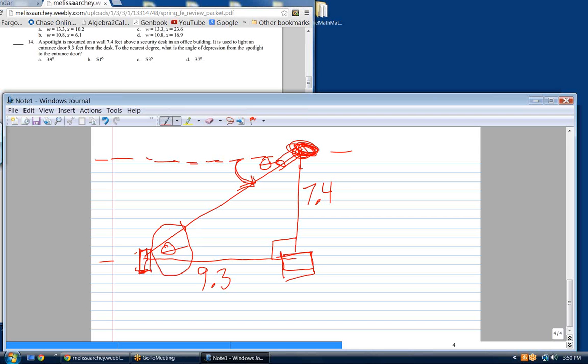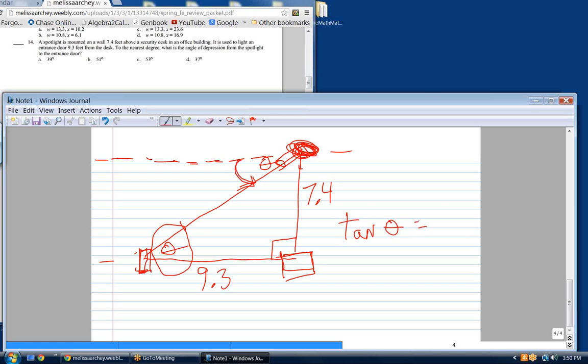How do we solve for that angle I just circled? I'm not sure. Start with a trig function. Well, it would be tangent. Okay, so tell me the equation I can write. Tan of theta. We'll call it theta, we don't need to turn it into an x.